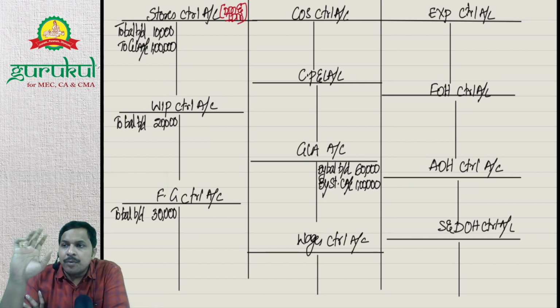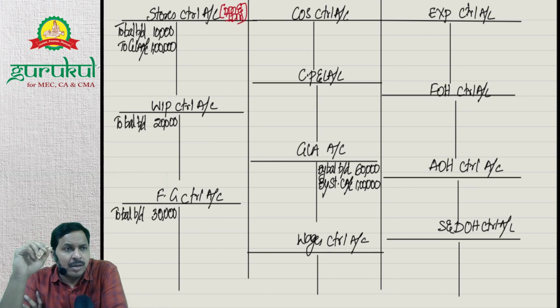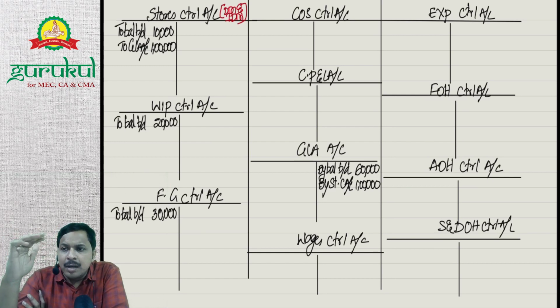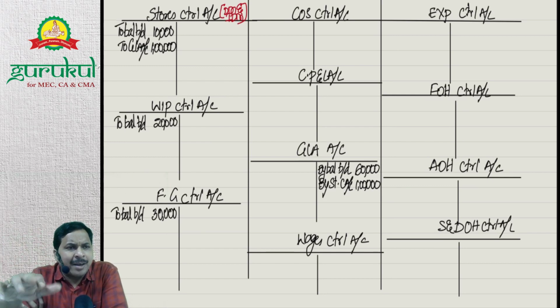Okay. Now finally, in our warehouse, how much worth of stock do we have as of now? 1 lakh and 10,000. 10,000 is opening balance and 1 lakh is recent purchase. Total 1 lakh 10,000. Now this raw material we are trying to issue into production. If we are issuing to production, is it direct material or indirect material?